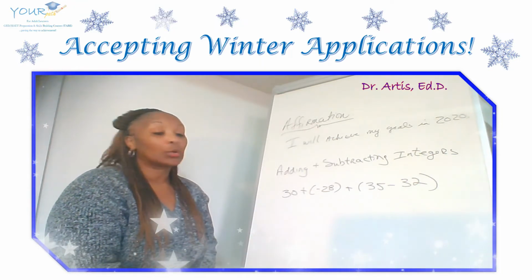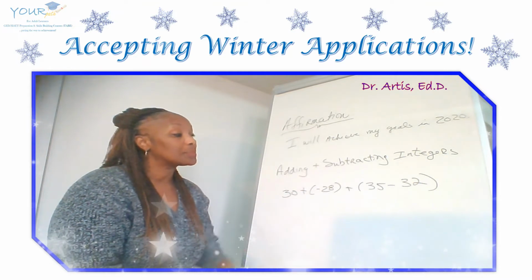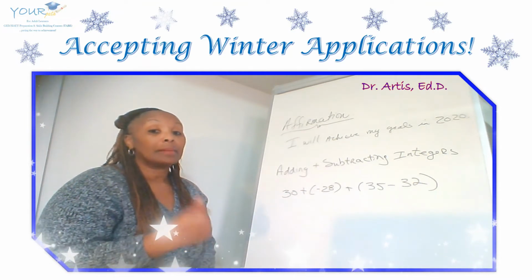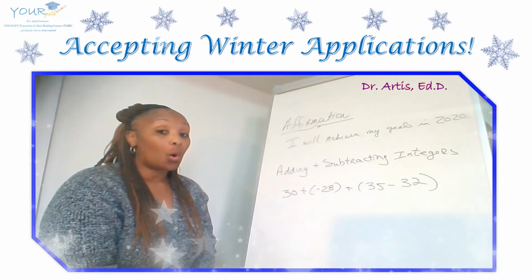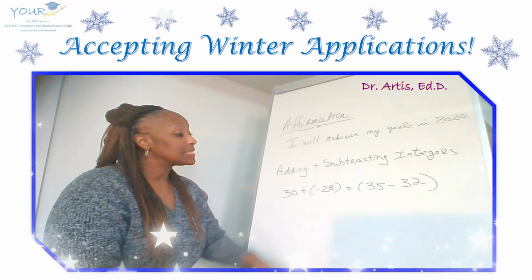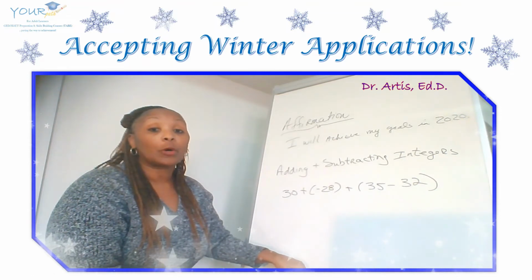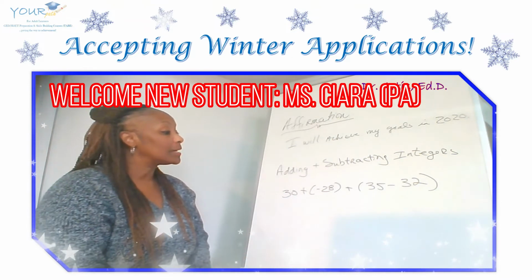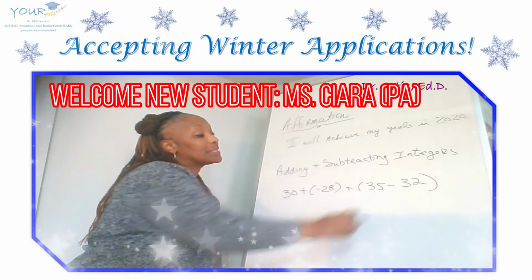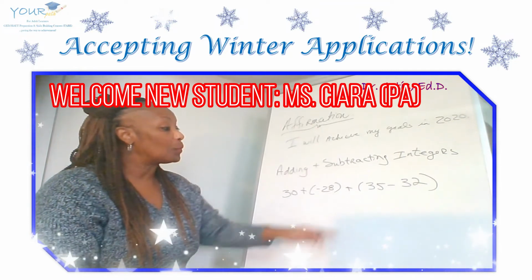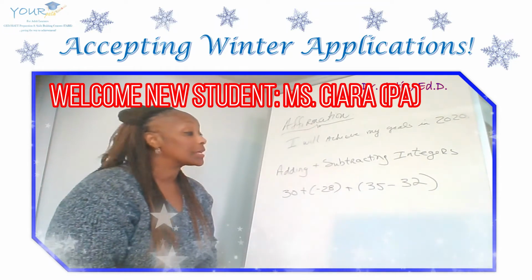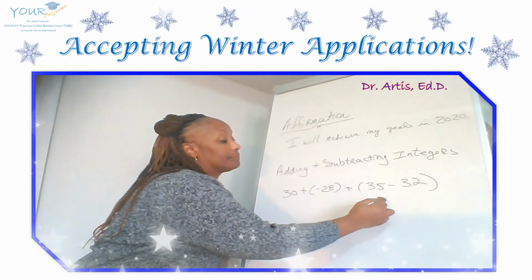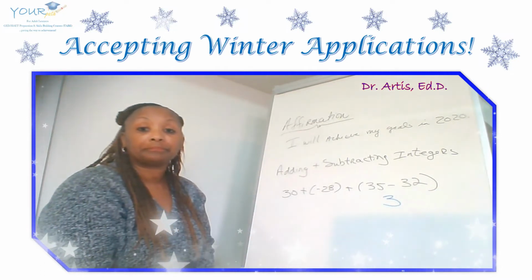So the first thing we're going to do as we approach this problem is remember the rule, which is the order of operations, that tells us that we must first solve what's inside of our parentheses. So here we have 35 minus 32, and when we subtract these two integers, we get 3.